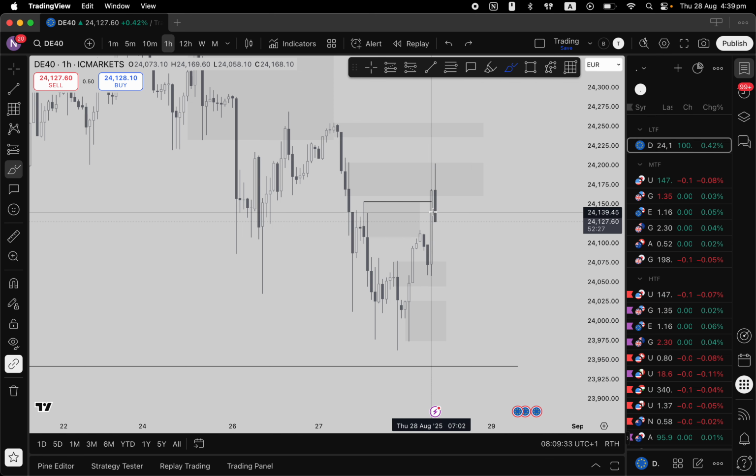So I'm thinking I just want to take my position off here because we could just be sweeping to go lower, right? So you have to be careful around situations like this.